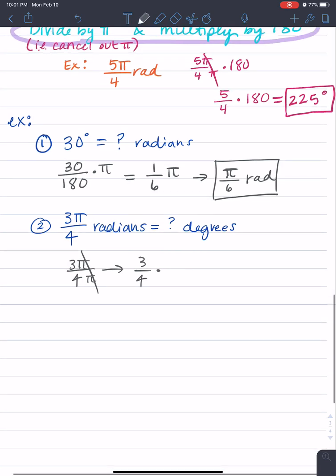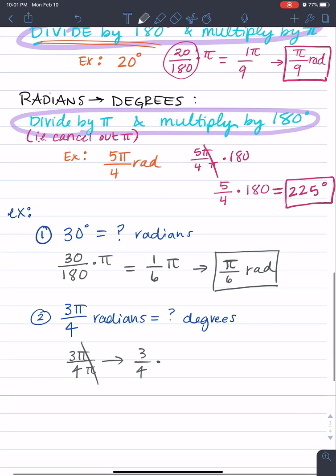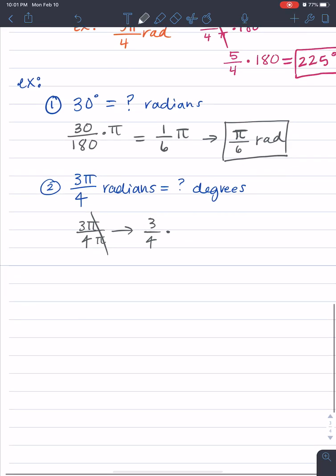Then the next step was multiply by 180, right? So times 180. Okay. And type in your calculator. 3 times 180 divided by 4. And you get 135 degrees.